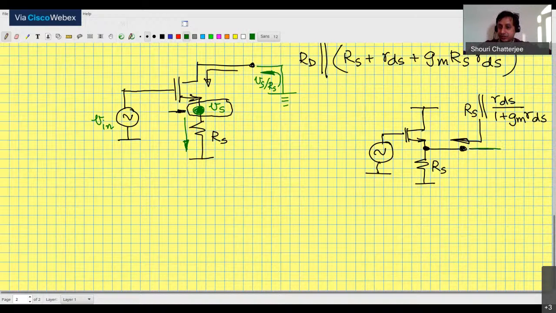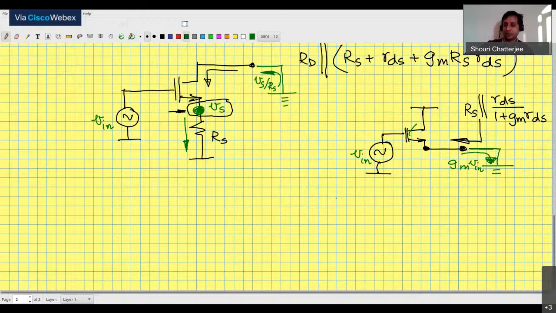So now I do the short circuit current. This is the two-step method. Right? Now Rs will fly away because there's no current through Rs. And now the question is really simple, because inside the MOSFET there is just Gm. What is the current through Rds? Both sides of Rds are connected to ground. So this short circuit current going this way is Gm times Vin.